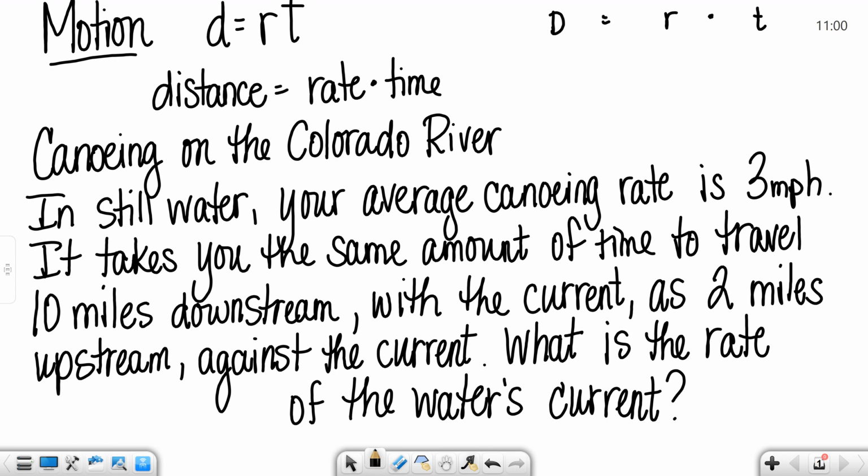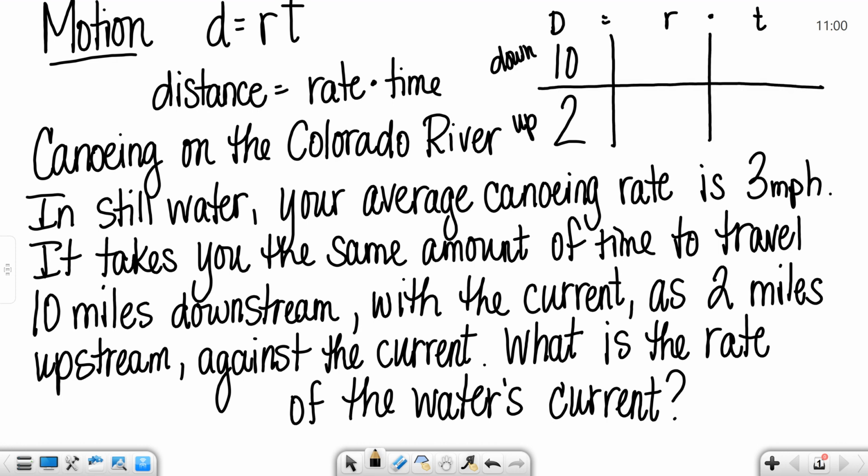Now, the first thing I'm going to put for my distance, let's say we are going downstream. The distance downstream, it said we went 10 miles, right? Upstream, it said we went 2 miles. All right, so that's what goes there. Now let's figure out what the rate is, because we got to put something in there for the rate.